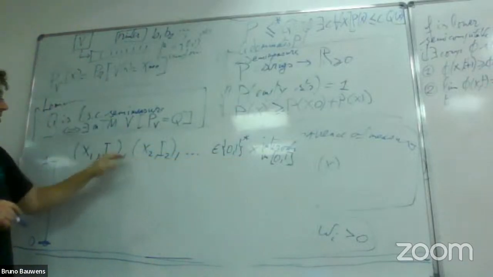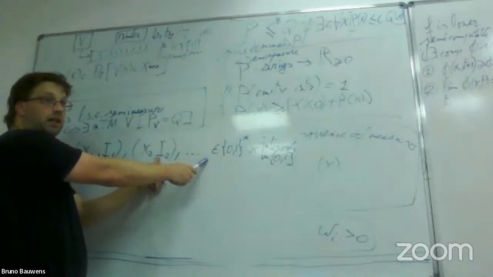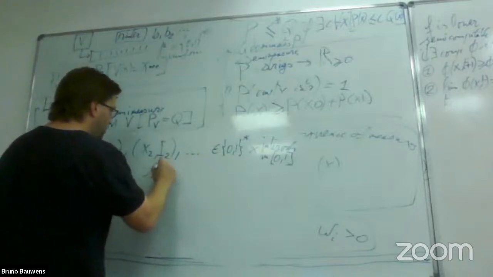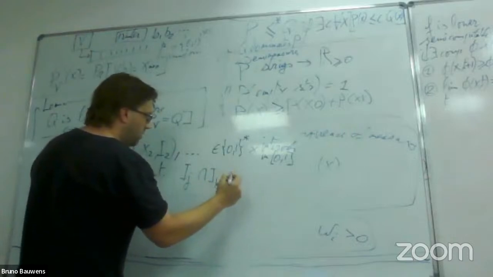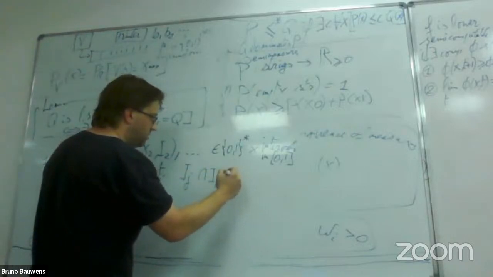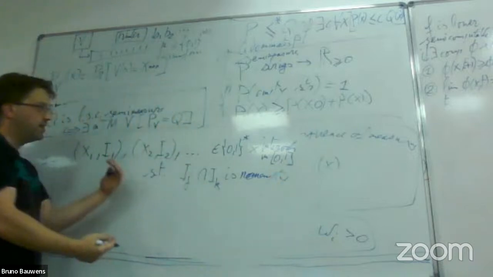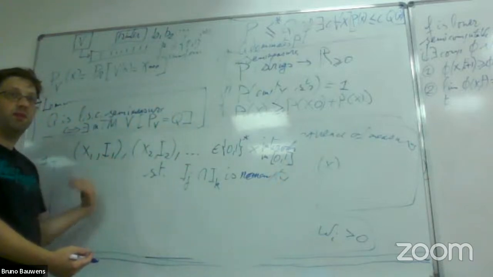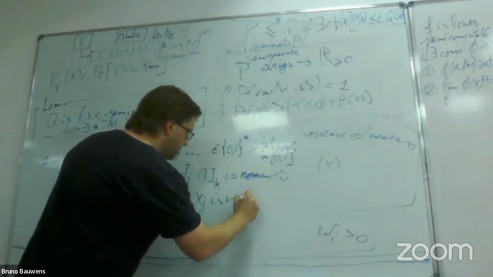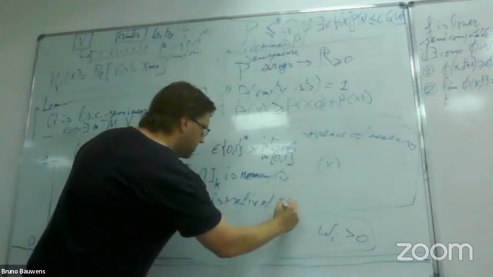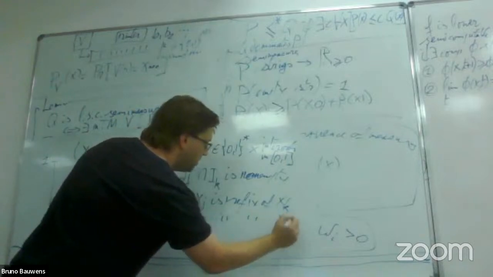But there is a condition on this enumeration. The rule is that if two intervals I_j and I_k intersect, so the intersection is non-empty, then either x_j is a prefix of x_k, or x_k is a prefix of x_j.